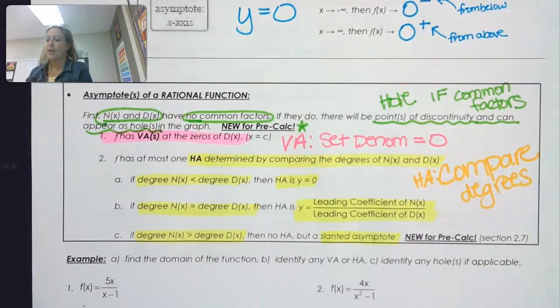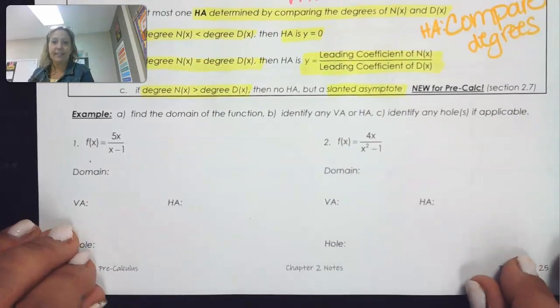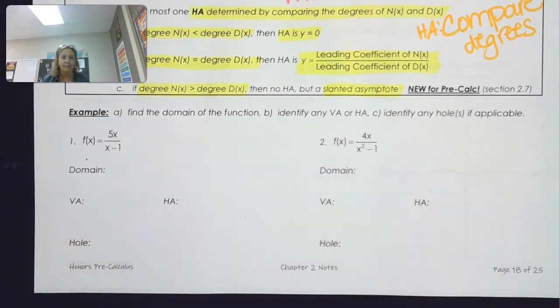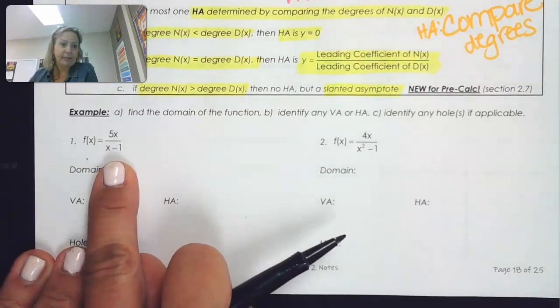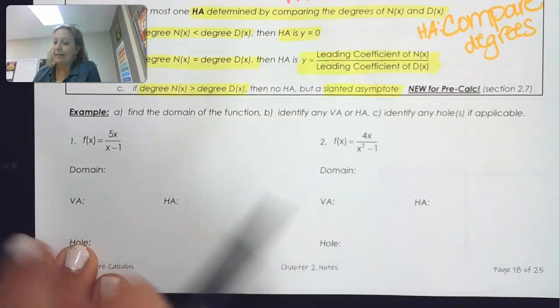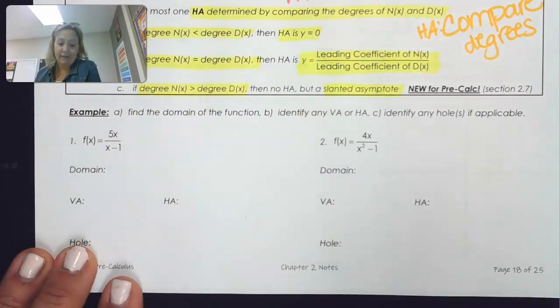So our first example asks us to find the domain of the function, identify any horizontal and vertical asymptotes, and identify any holes if applicable. So first we want to factor. We can't do that. It's completely factored. We're good. So we're going to look at our domain by thinking about, again, our denominator, just like we would for the vertical asymptotes.